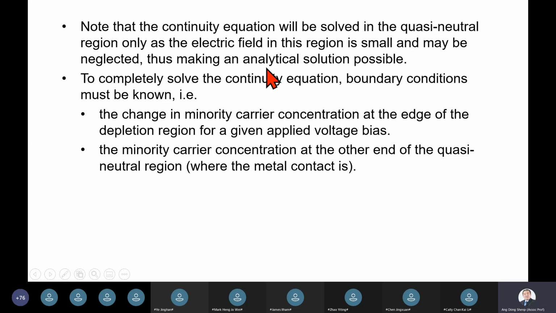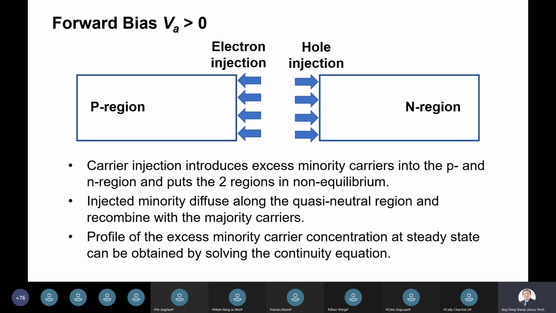Now, to be able to completely solve the continuity equation, the boundary conditions need to be known. In other words, if you take, for example, the forward bias case, we must somehow know the electron concentration at the edge of the P region.